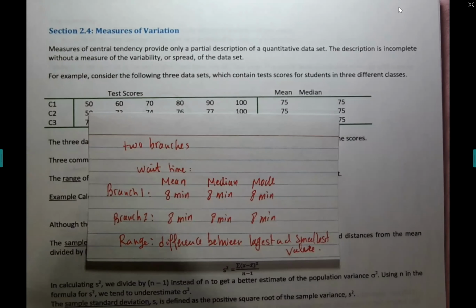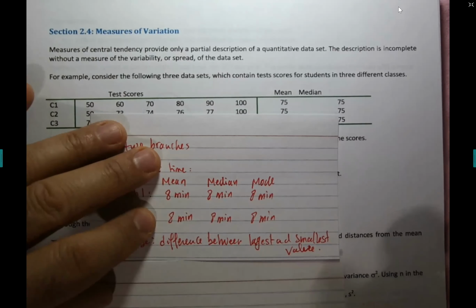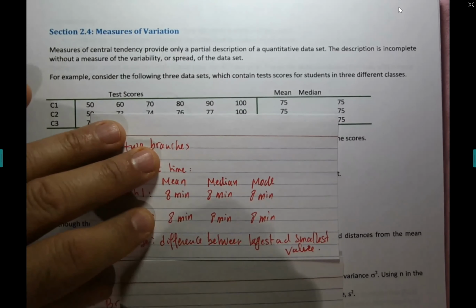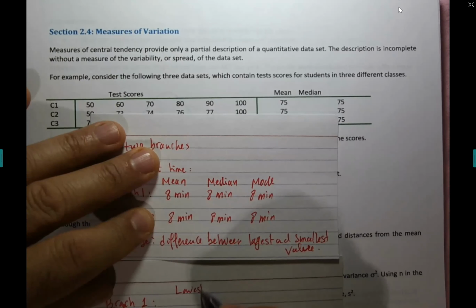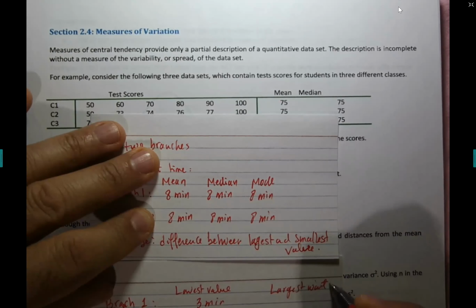So let's say from the students who went to branch 1, guys, we have this data. Branch 1: the lowest wait time was 3 minutes, and the longest wait time was 13 minutes.